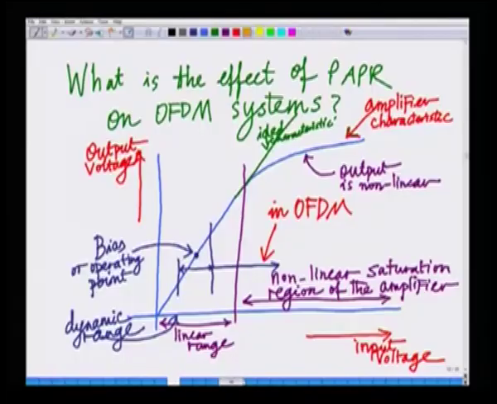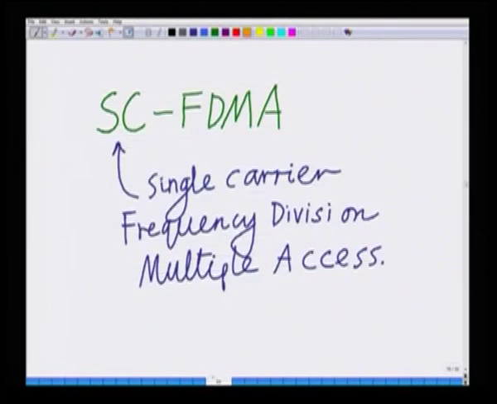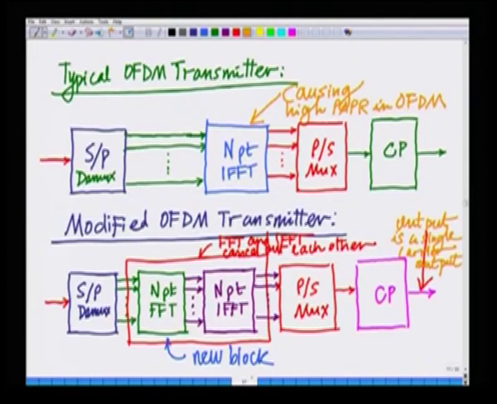And if we look at a solution, how can we expect to solve this PAPR? The solution, we said, is to use single carrier FDMA, and that is as follows. If you observe the OFDM transmitter schematic, if I introduce an N point FFT before the N point IFFT, the FFT and IFFT cancel, and this reduces to a single carrier system, whose PAPR is very low, almost close to 0 dB.